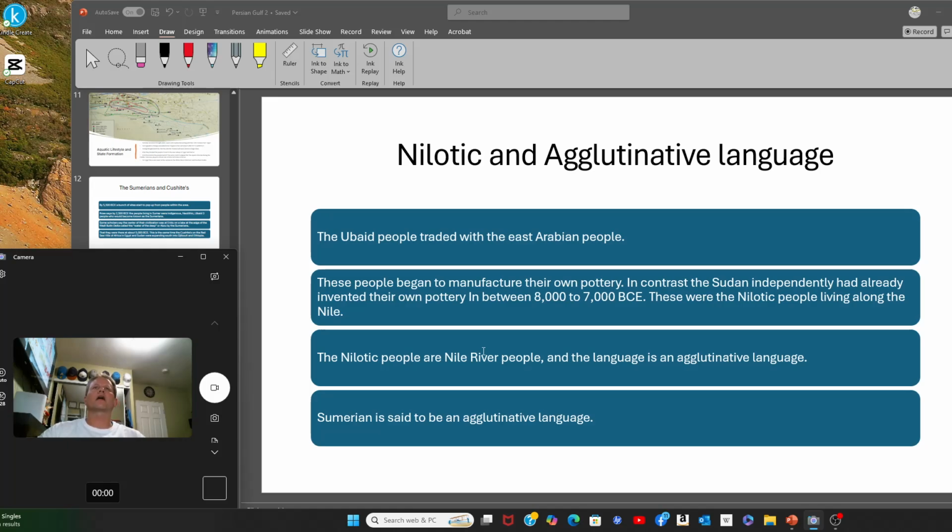Okay, the Neolithic and agglutinative language. The Ubaid people traded with the East Arabian people. Okay, so there's two distinguished peoples here, the people in the Ubaid and the Arabian people now.